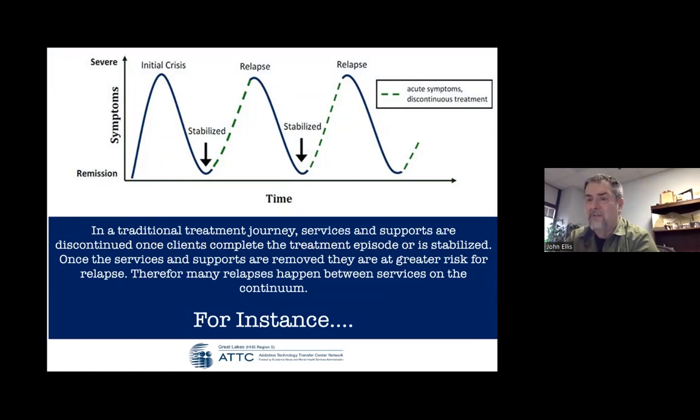They don't have the skills. All of a sudden they have urges and availability at the same time, so they relapse and then they go back to treatment. They're stabilized, they're let go, they go back, they're stabilized, they're let go. And we have a system now where a lot of people are in treatment multiple times.